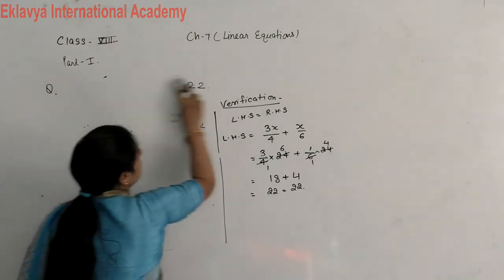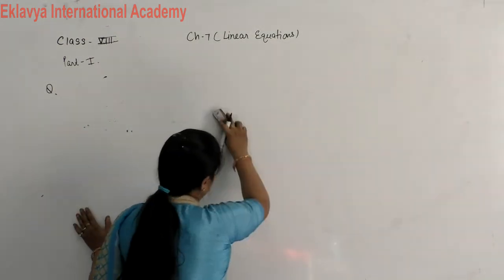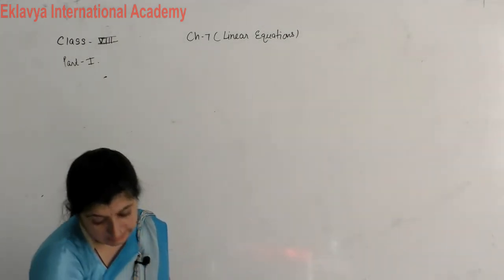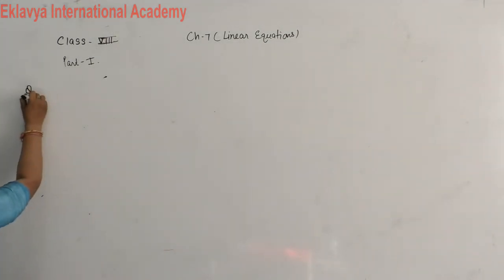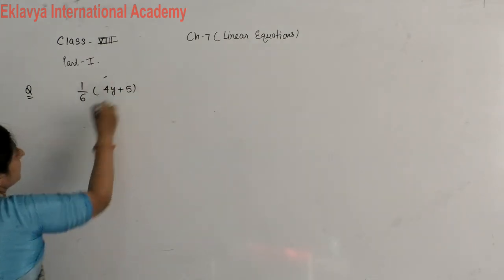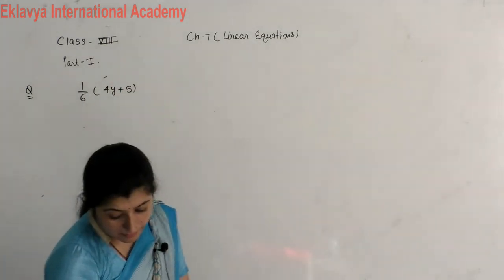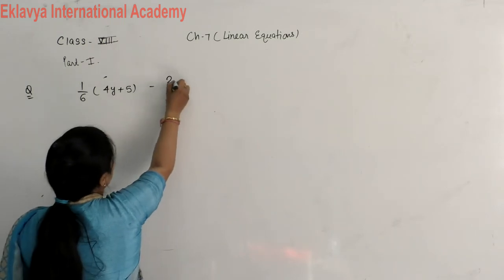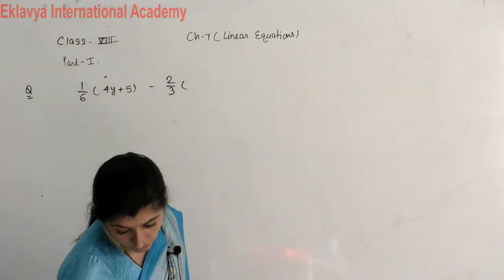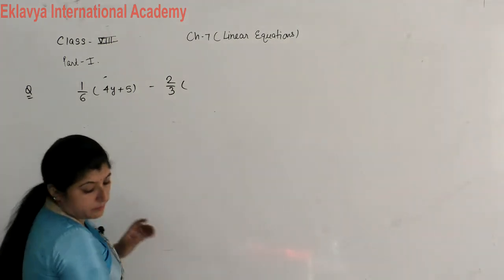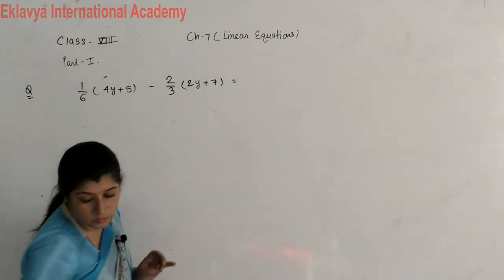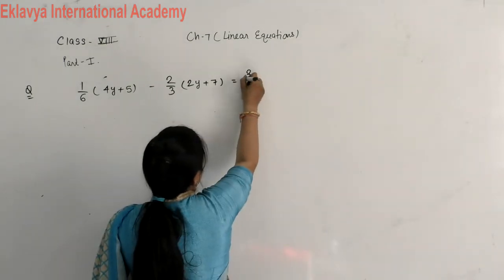Okay, take some more examples. It is given to you 1 by 6 into 4y plus 5 minus 2 by 3 into 2y plus 7 is equal to 3 by 2.